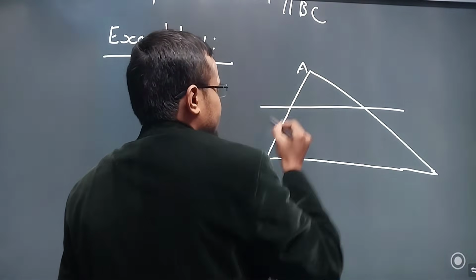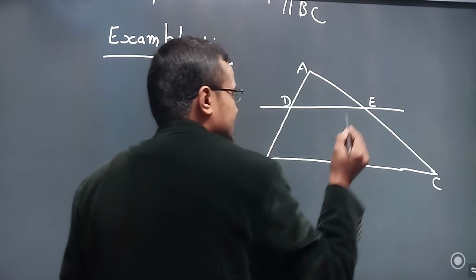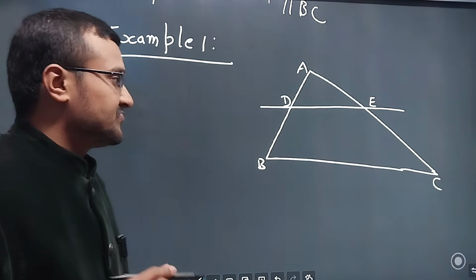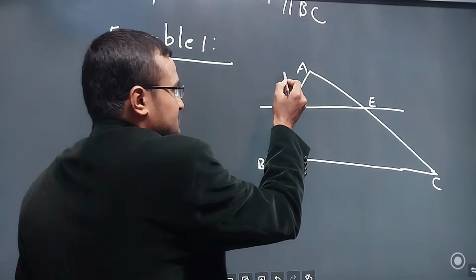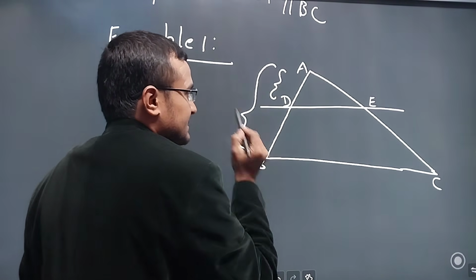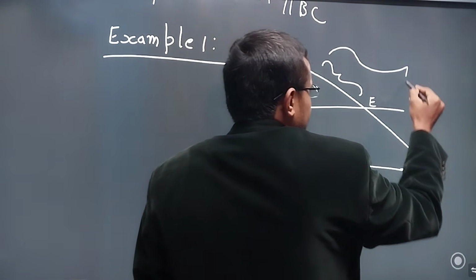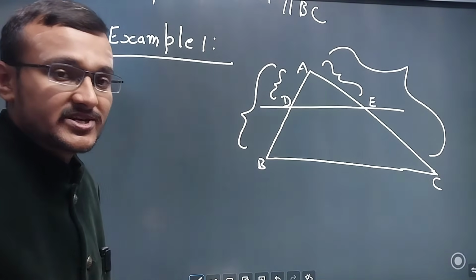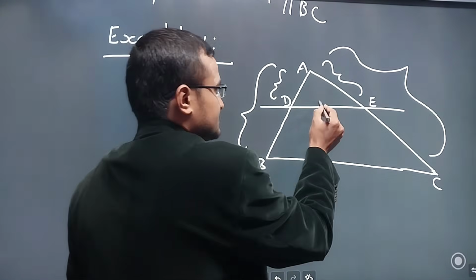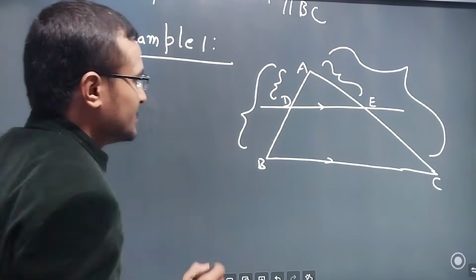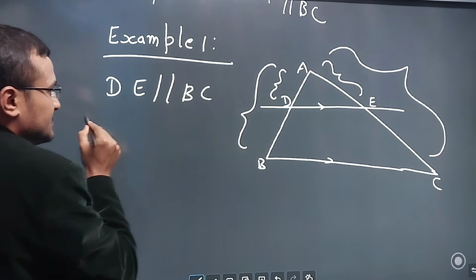The naming they have given for this triangle is ABC, and this line intersects AB at D and AC at E. Now you have to prove that AD by AB, that is AD by this entire length AB, is equal to AE by this entire length AC. This you need to prove in this example 1. The data they have given here is that DE is parallel to BC.